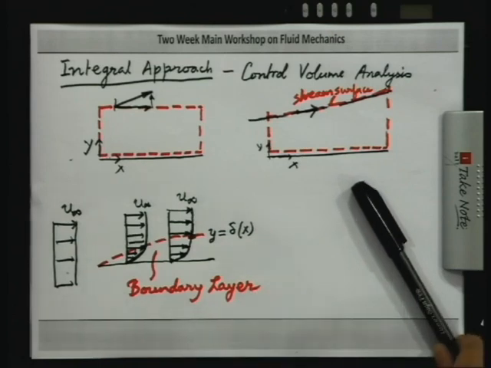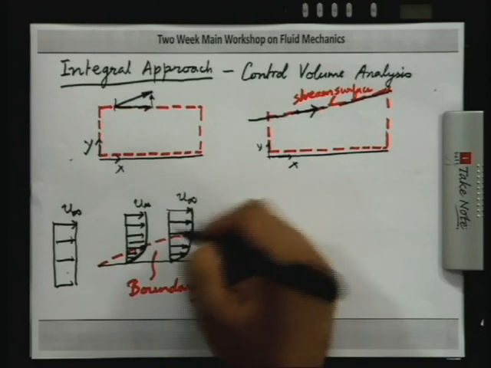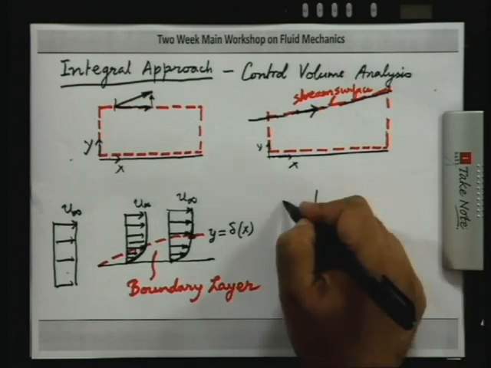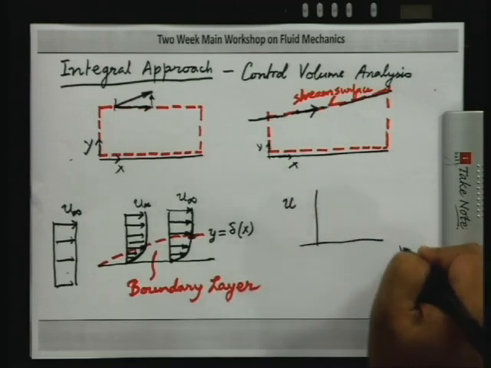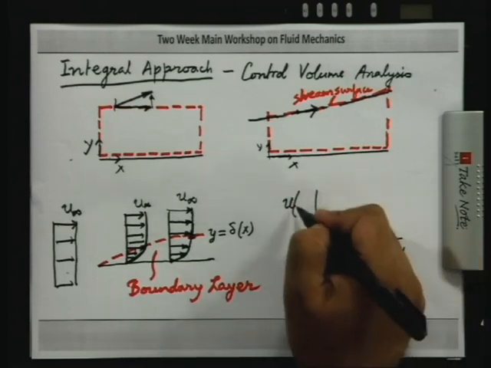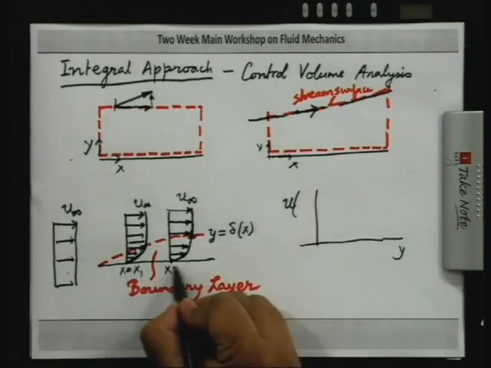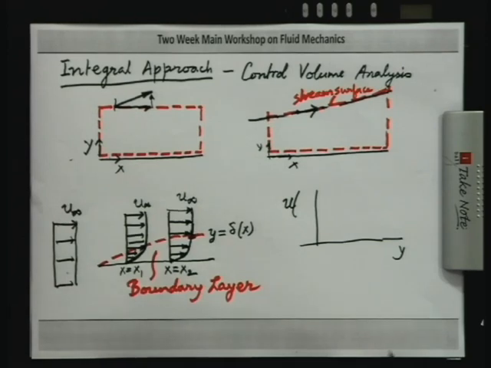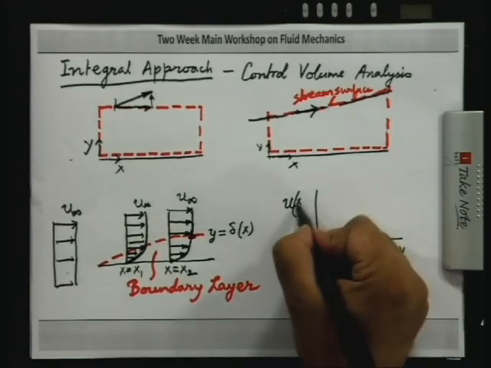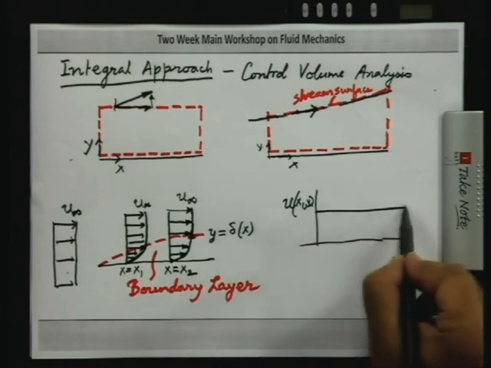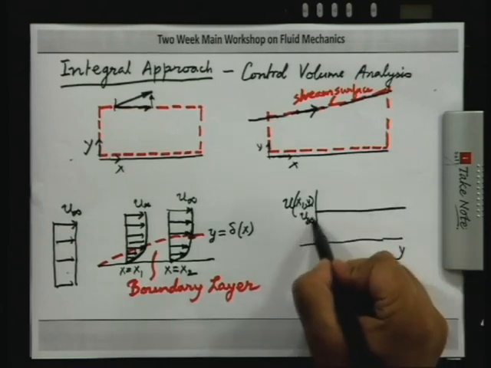Now, I will take one of these profiles and plot it in a different way. Suppose I plot u versus y at a fixed x. So, I can call this x equal to x1, and I can call this x equal to x2. If I look at u of x1 comma y, let us say this is a line which represents u equal to u infinity.